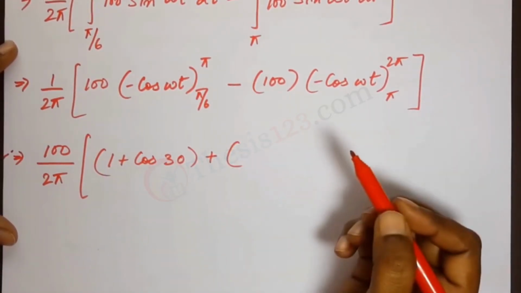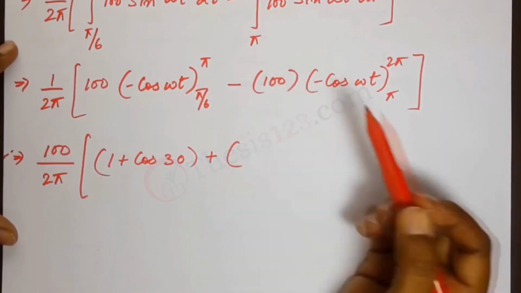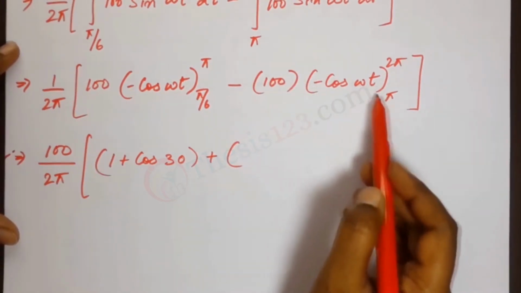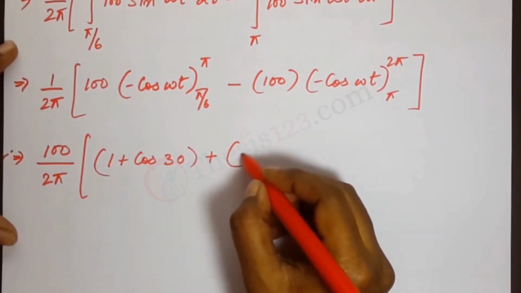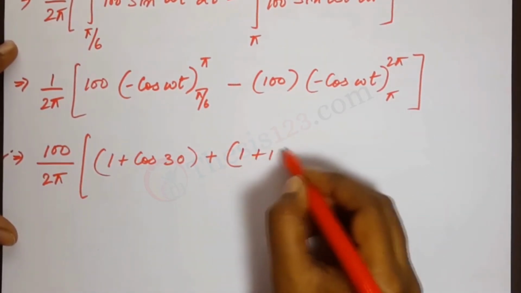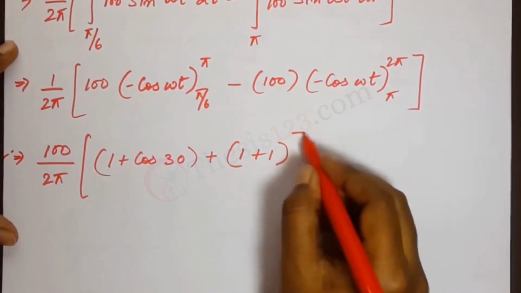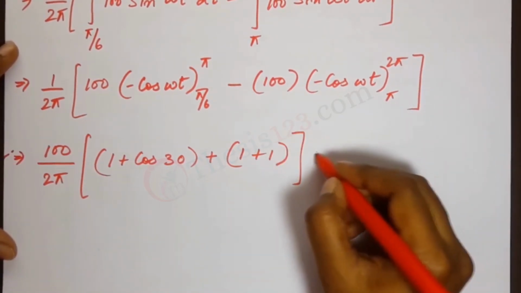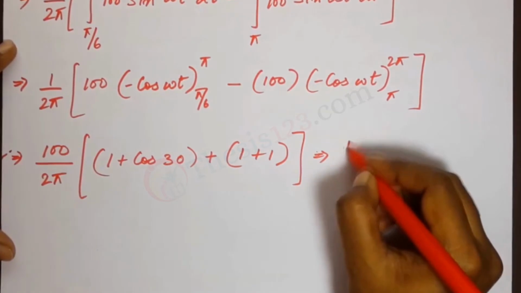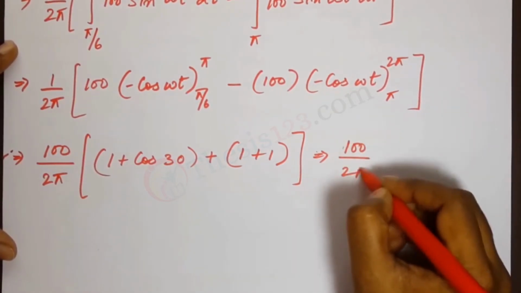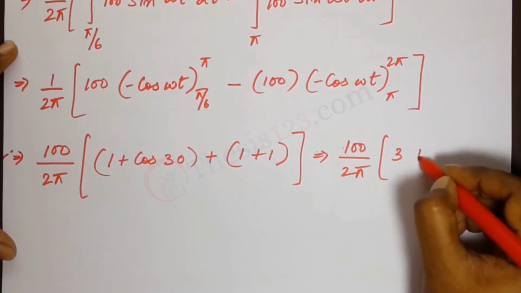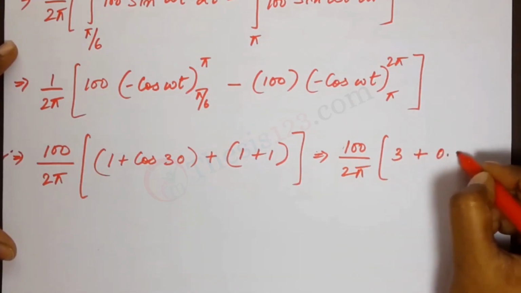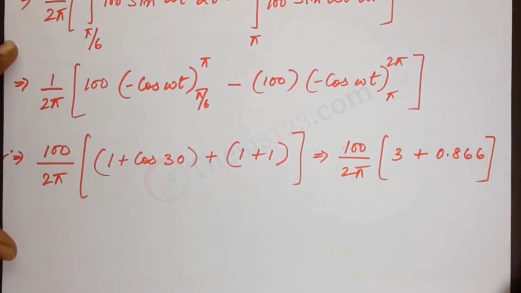Plus, and two negatives will anyway make it plus, and then cos of pi and cos of 2 pi will give us 1 plus 1, right? And this will further give us 100 by 2 pi into 3 plus cos 30, which is 0.866.